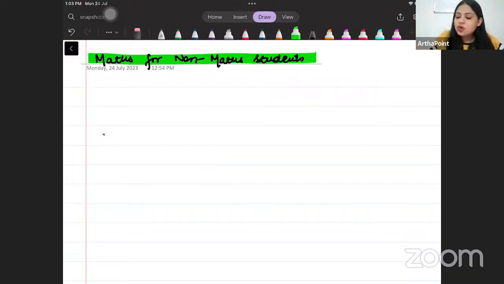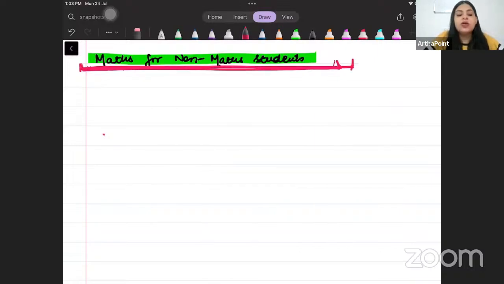This maths is going to be very useful for all students who are from non-maths background also. For students from BCom, for students from BA program, for all the students who haven't done economics or maths in their graduation and who want to do MA Economics, who want to give the entrance exam for economics.